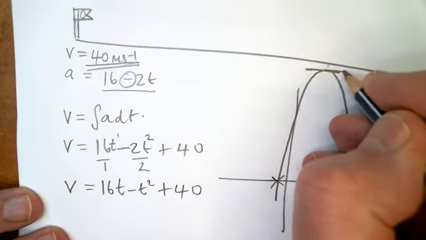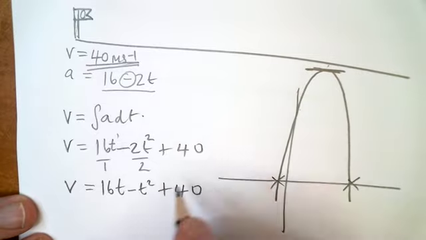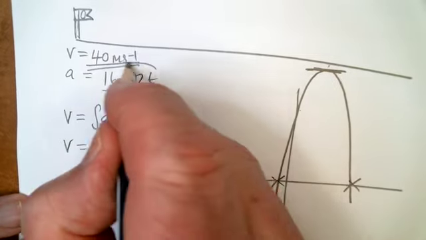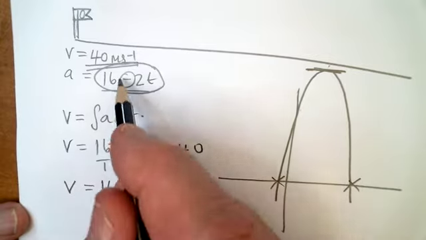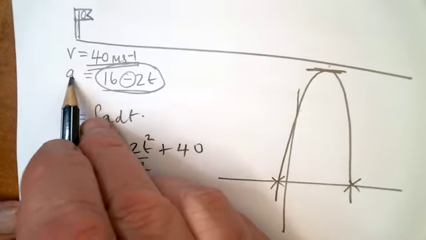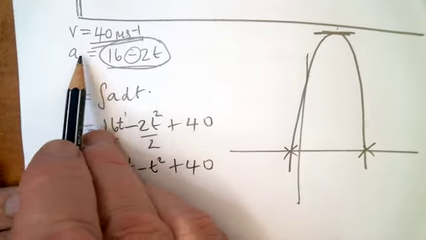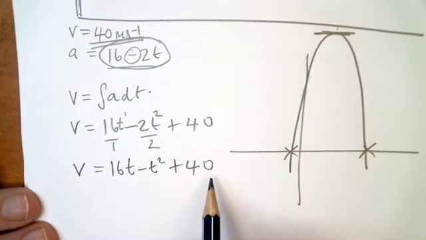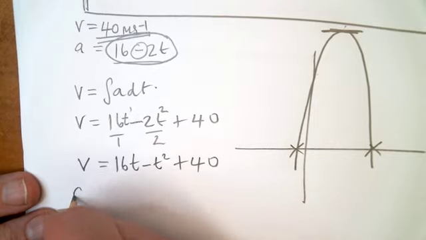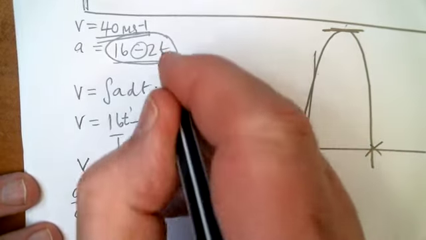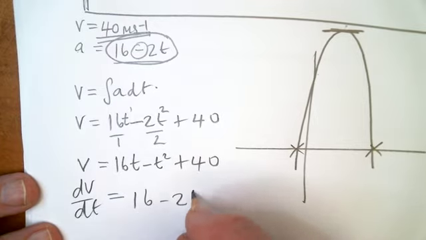So the maximum there is going to be the differential of this. And we already know the differential of this. It's there, because that's how we started. So we're going to use the differential, which just happens to be called acceleration. So if we make acceleration equal to 0, which is the differential of this thing here, so in other words, dv/dt is equal to 16 minus 2t.